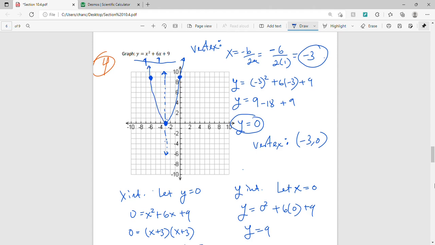So we're only able to get 3 good points, but that's the best we can do. So this is our parabola with a vertex at the point -3, 0, an x-intercept at -3, 0, a y-intercept at the point 0, 9.